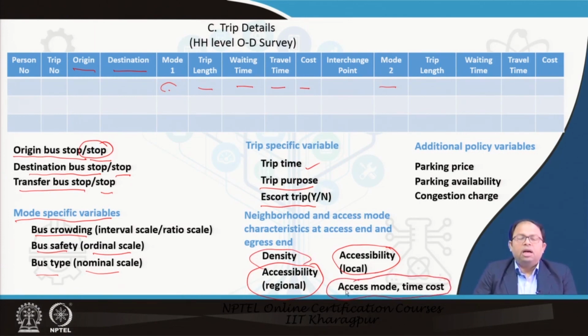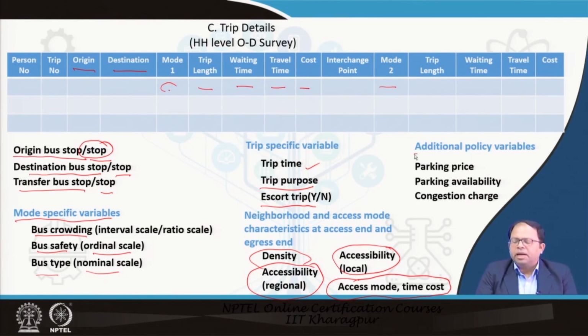Suppose he is using a paratransit to go to his main mode, which is a bus transit or a metro rail. So that access mode, time and cost, that also could be recorded. Or access mode could become mode 1, whichever way you feel convenient, this survey could be done, and that also means that we can have multiple modes in one trip.